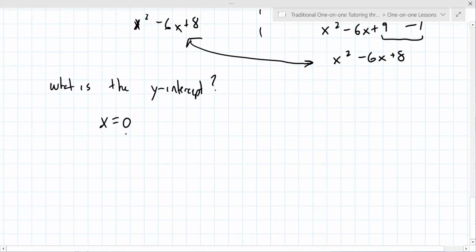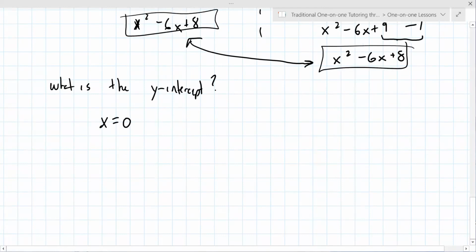So I want you to put x equals 0 into either equation, and you can let me know what it is. Either this one here or this one here. I guess 9. I mean 8. 8. Y equals 8. Yes. So that's the y-intercept. It's 0, comma 8.